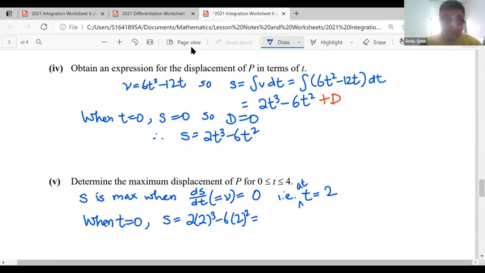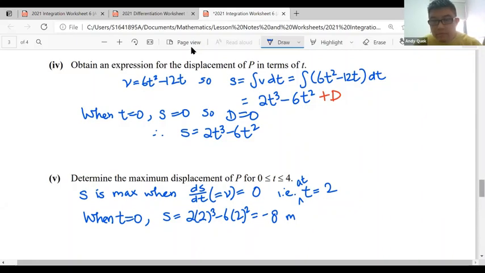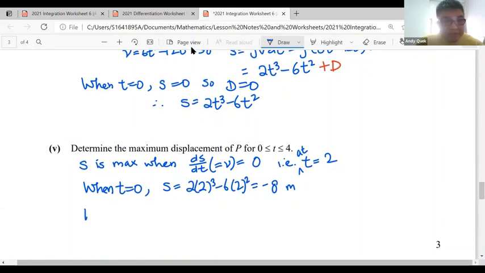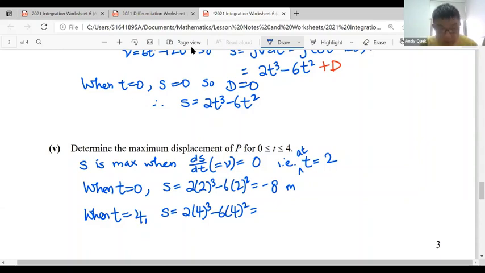So you have, but let's check what happens at t equals 4, right? Whoa, okay, 32 meters.